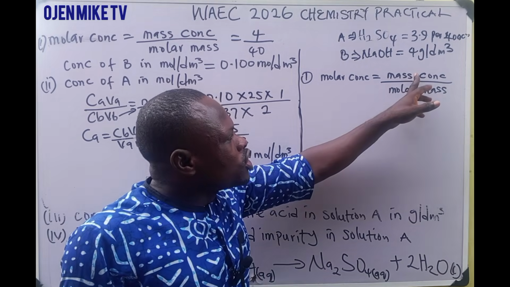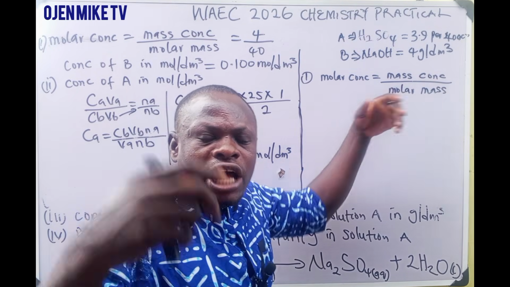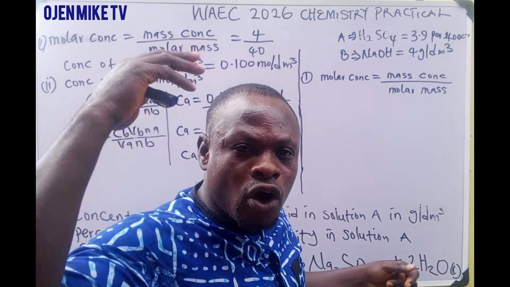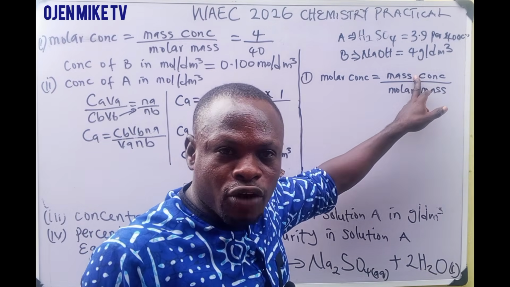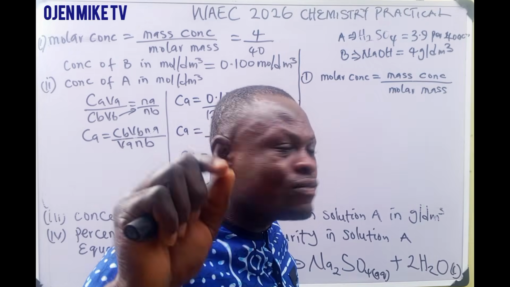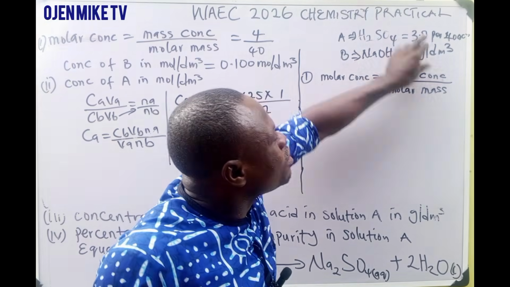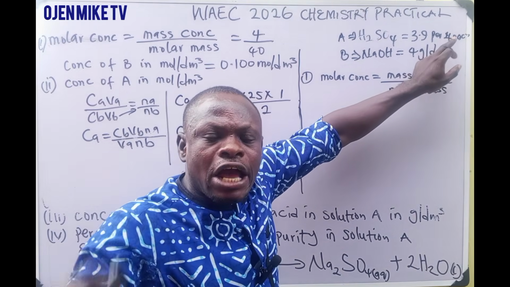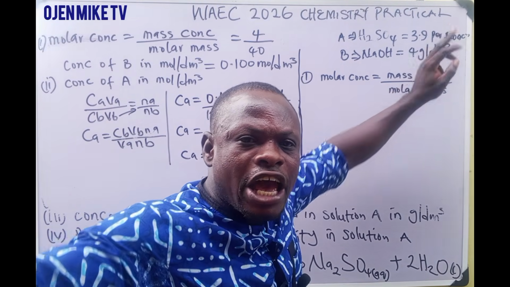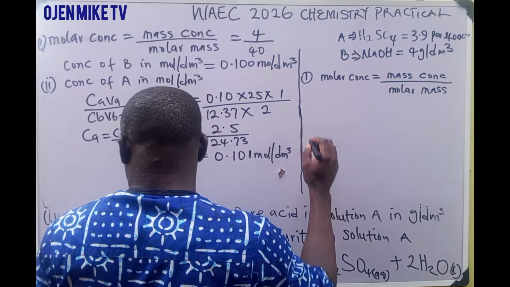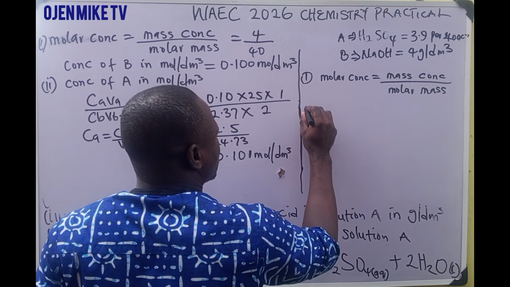Ordinarily, any time you are asked to calculate concentration in grams per dm cubed, you use this formula, making mass concentration the subject of the formula. But not when the question is given in per cm cubed. Anytime you see per cm cubed like this and you are asked to calculate grams per dm cubed, it is simple.